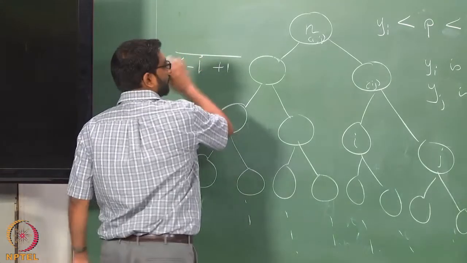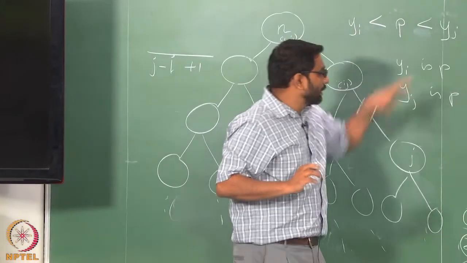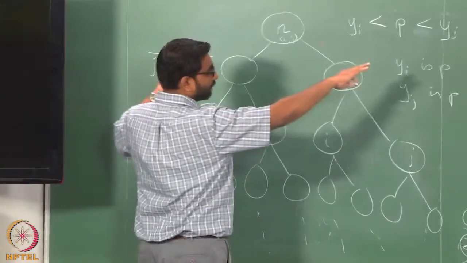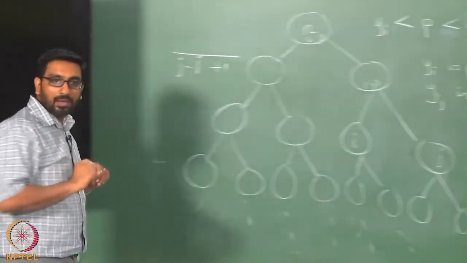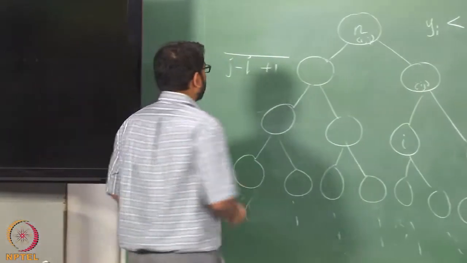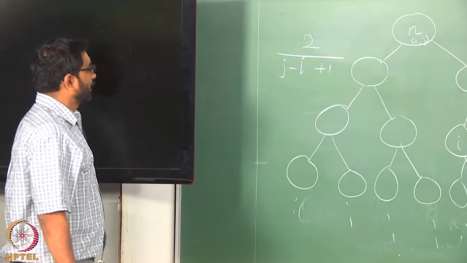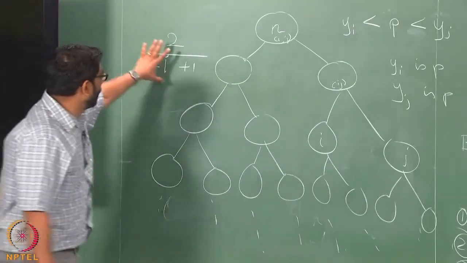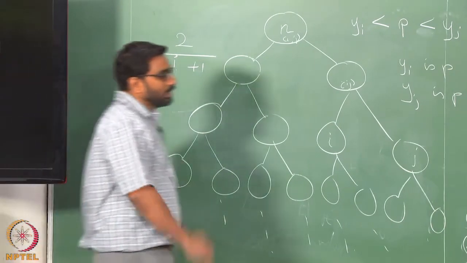Out of them, there are two elements that, if chosen as the pivot, imply that Yi and Yj will be compared: either Yi or Yj. So this is the probability with which Xij is equal to 1, and it's going to be 0 otherwise. So we can write that up here.